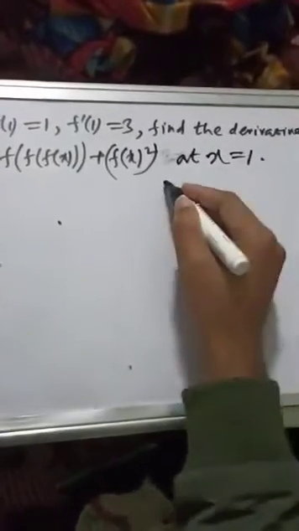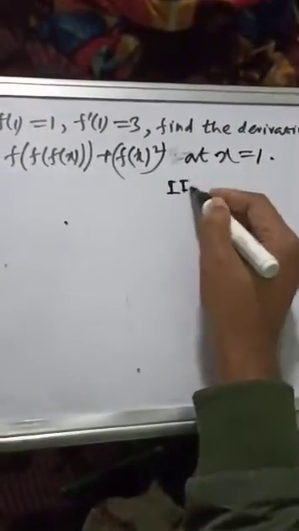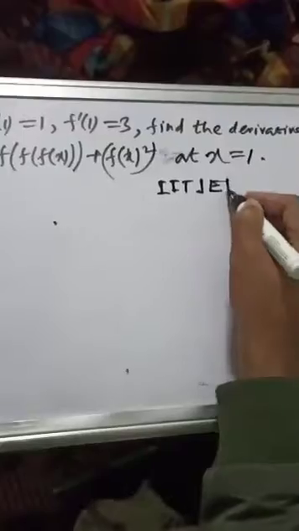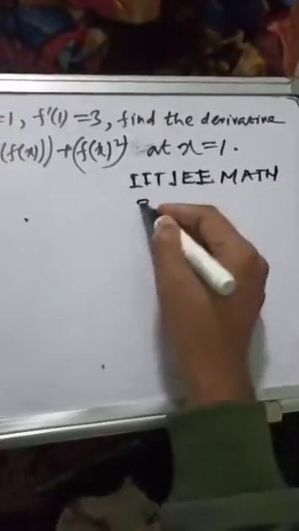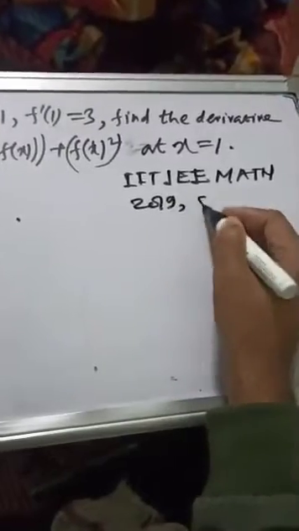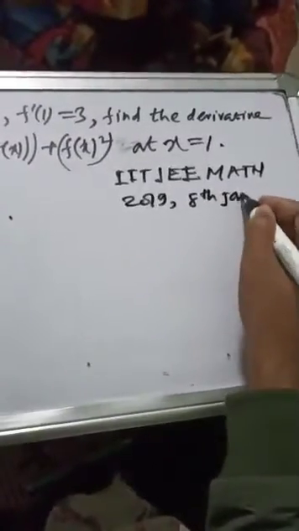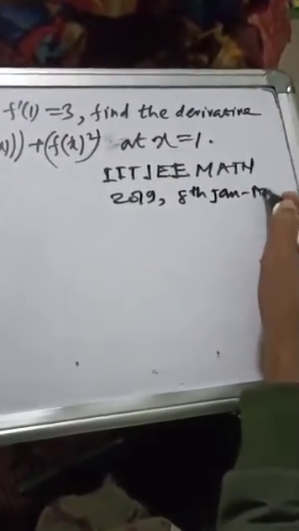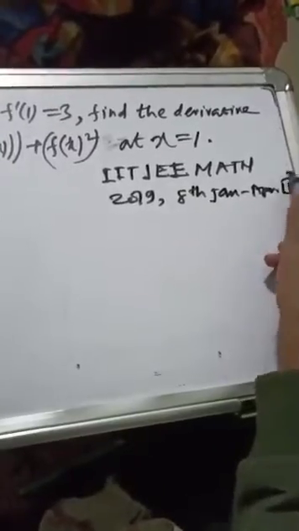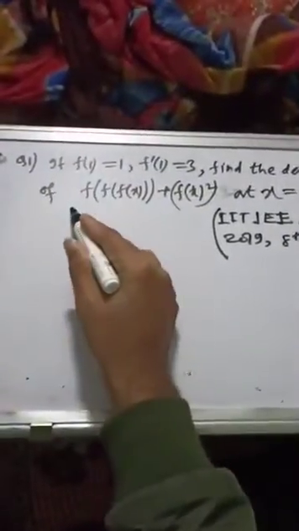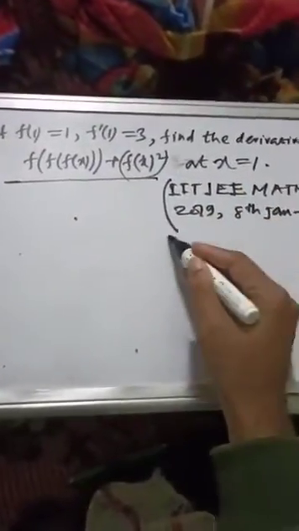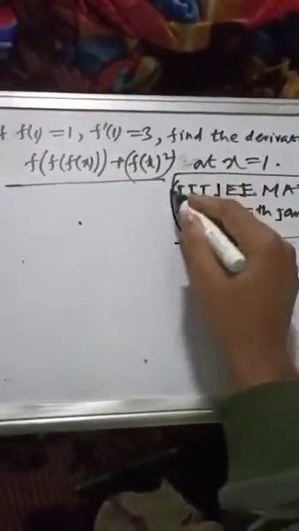This came in JEE Main, 2019, 8 April. If f(1) equals 1 and f'(1) equals 3, find the value of the derivative of this at x equal to 1.